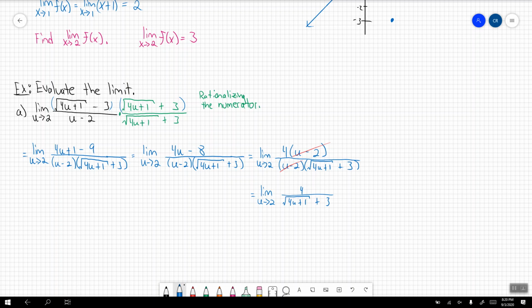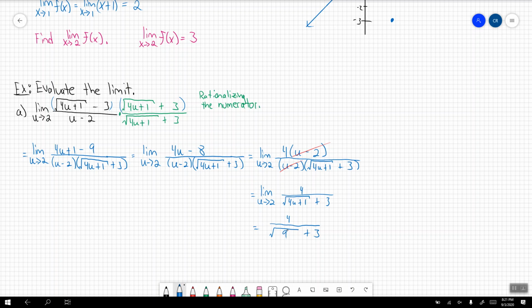Now, it's at this point that the domain is satisfied, so we can choose values like 2 to make that substitution. If we do a direct substitution here, we're left with 4 divided by the square root of 4 times 2, which is 8, plus 1, which is 9, and then plus 3.